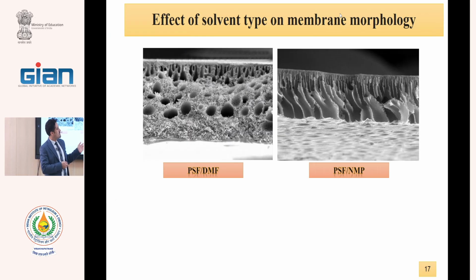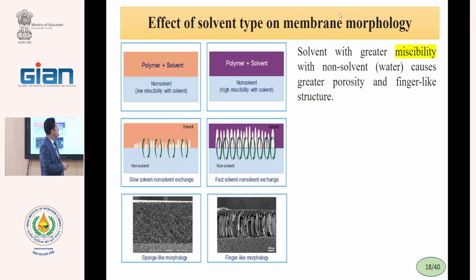In this slide, we show the effect of solvent. With a change of the solvent, the porosity, flux, and rejection can all change, because with a change of polymer, solvent, or temperature, the viscosity of the casting solution can change and cause a change in exchange rate.